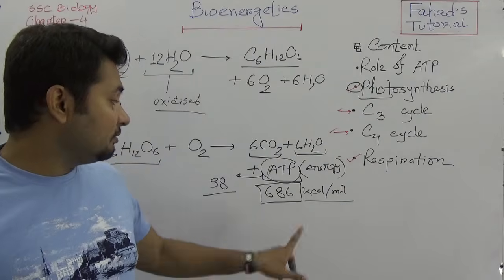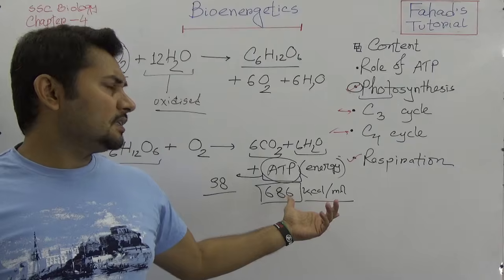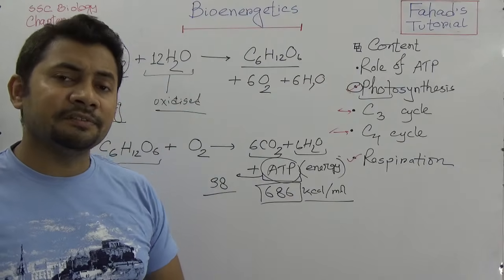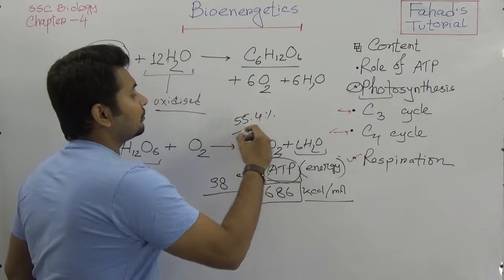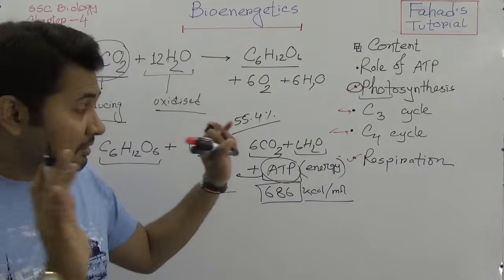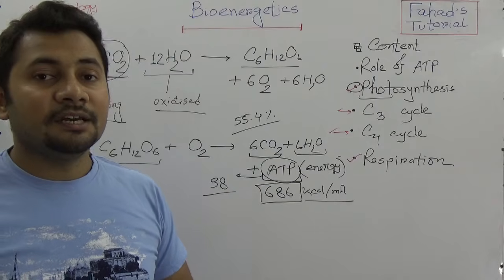Though it's not actually equivalent, as there is some loss of energy. In the case of respiration, the efficiency is about 55.4%. I will explain later how this percentage is calculated and what the steps of respiration are.